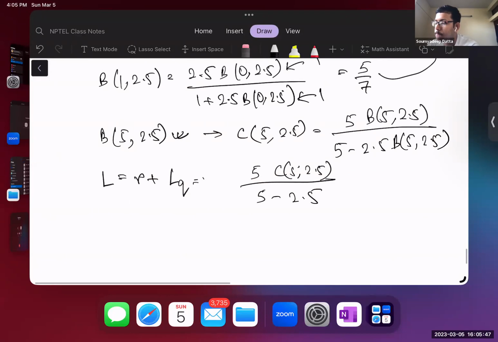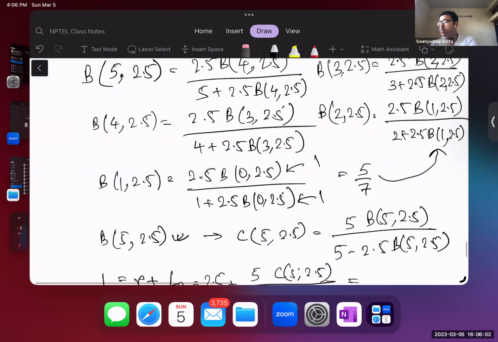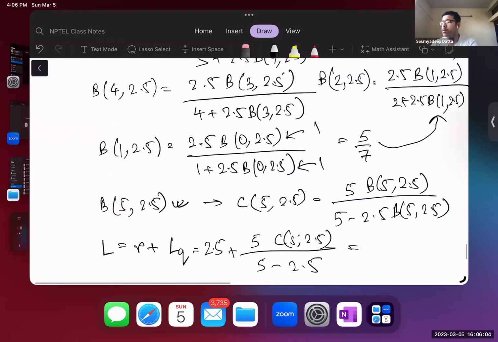So this algebra will give us some value L, which is the average number of players being served, on a per hour basis.